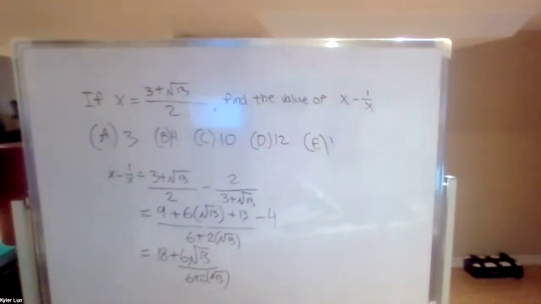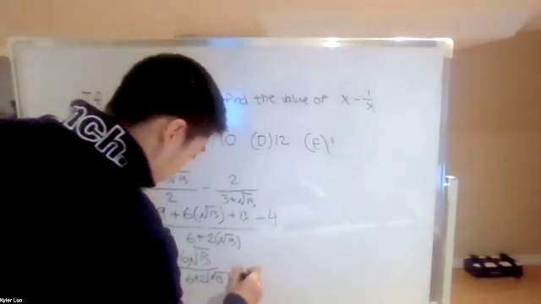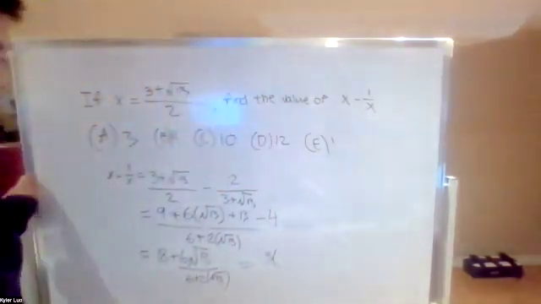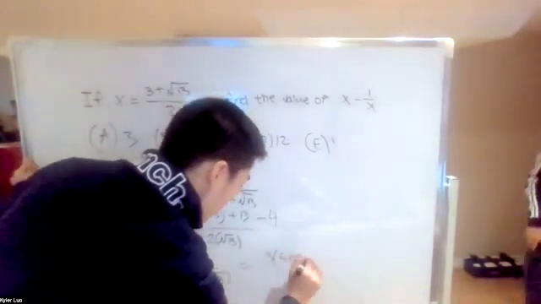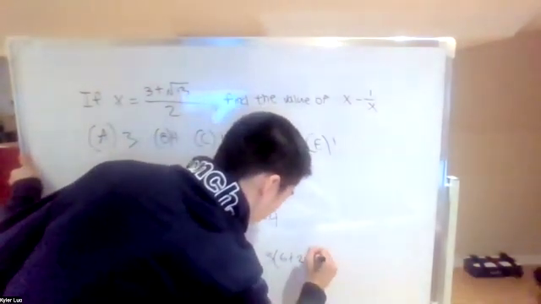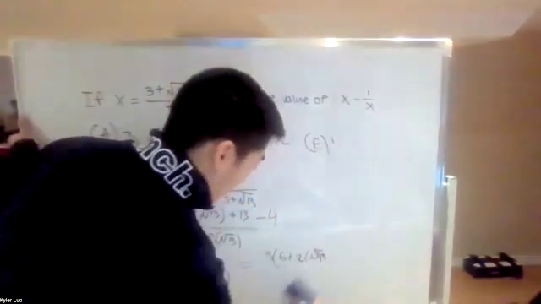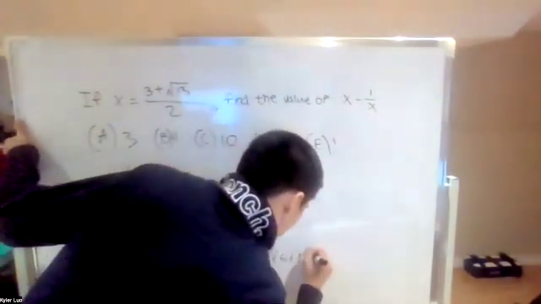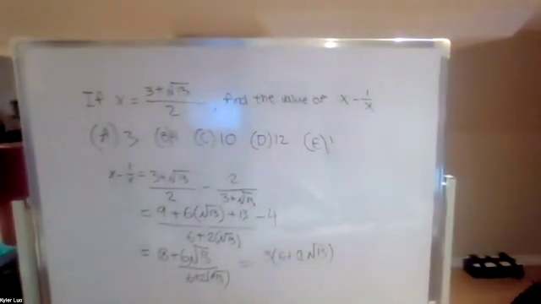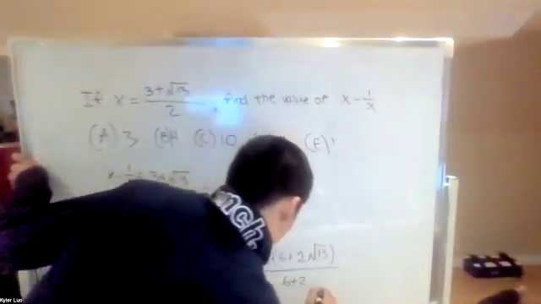So that's equal to 3 times in brackets 6 plus 2 times square root of 13, divided by 6 plus 2 times square root of 13.